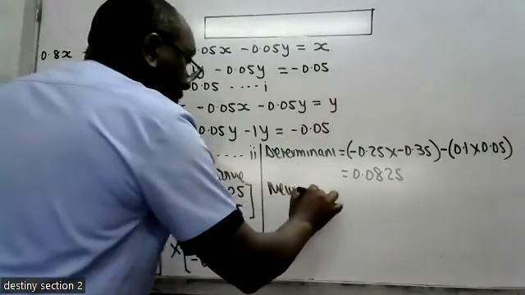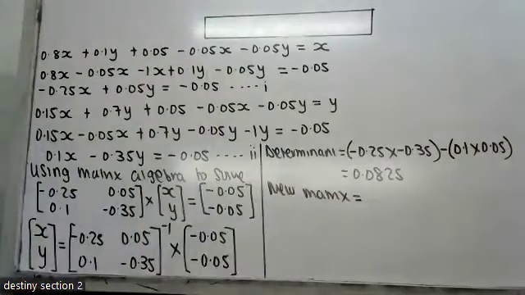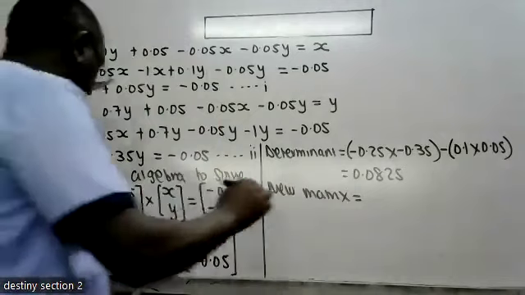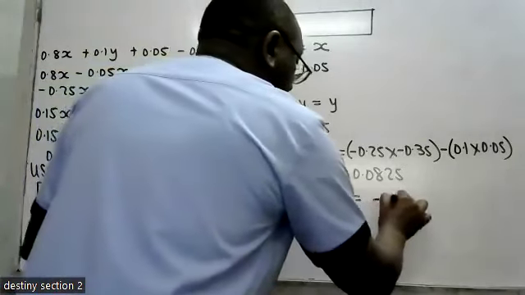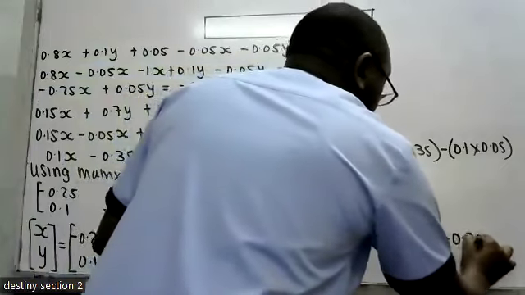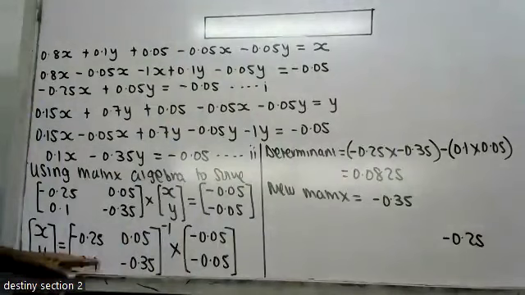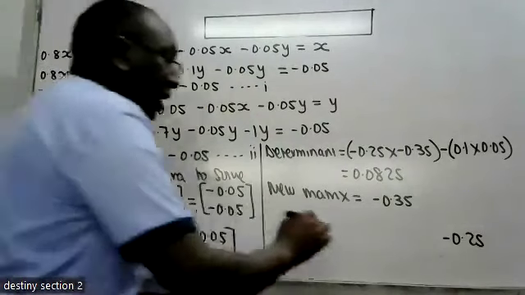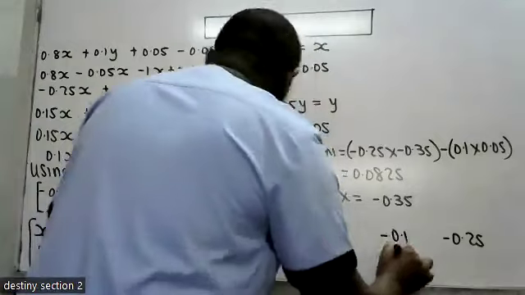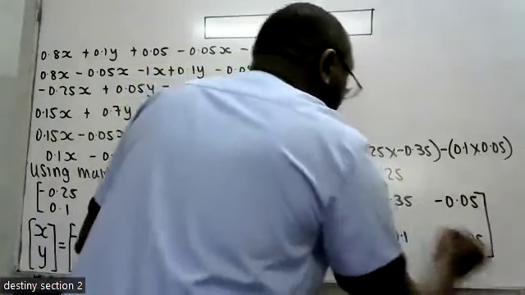My new matrix, tukasema these ones you change the positions so that you have minus 0.35, minus 0.25. Easy, you change the sign so they become negative 0.1 and negative 0.05.